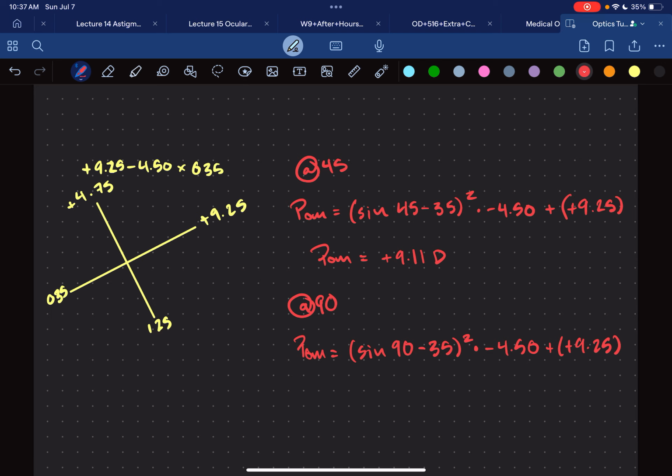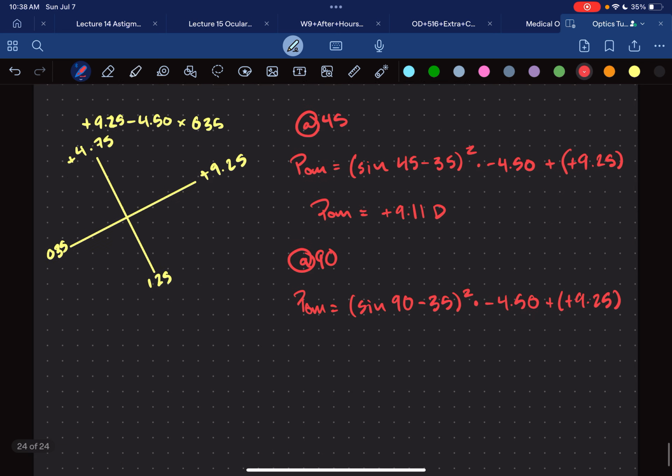Okay, I'm going to do that one more time because I think I screwed up the math. So 90 minus 35, 55, sine of 55, square that, times it by a negative 4.50, add that to 9.25. Oh, that looks better. Okay, so if we were about right here at the 90, it says the power at that oblique meridian would be a 6.23.